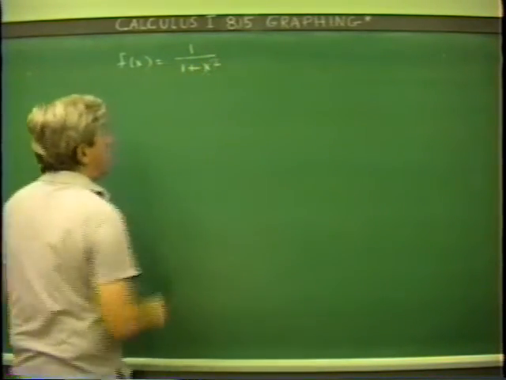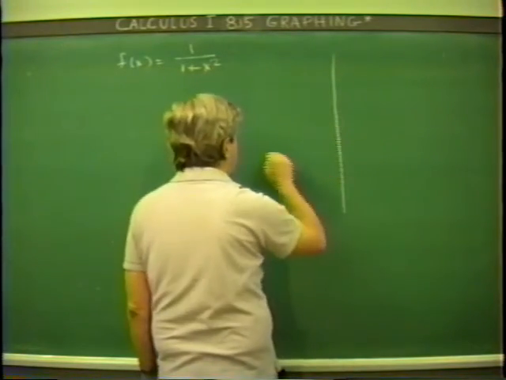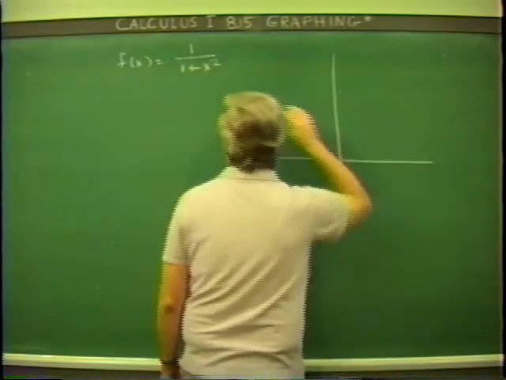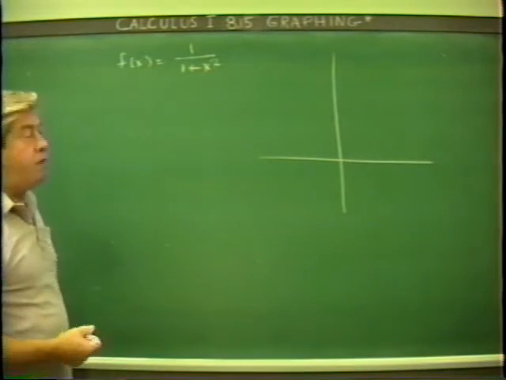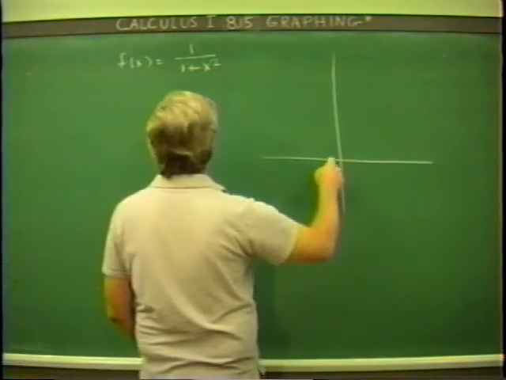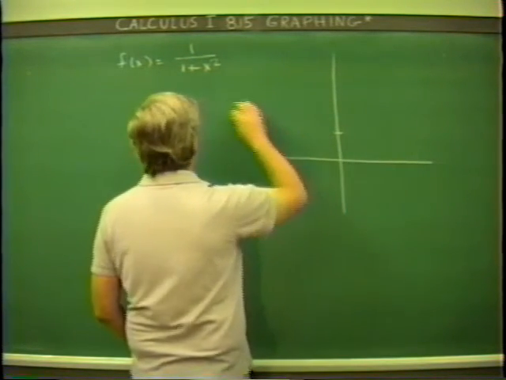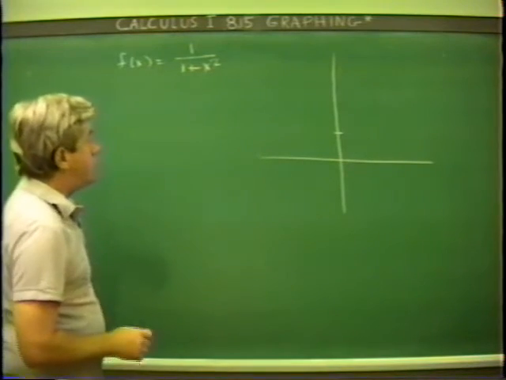Let's take a look at another example. This is an example of a function that occurs with some regularity. f of x equals 1 over 1 plus x squared. The function is always positive. It's defined for all x.